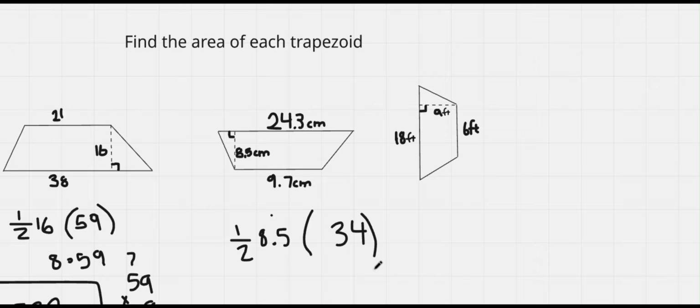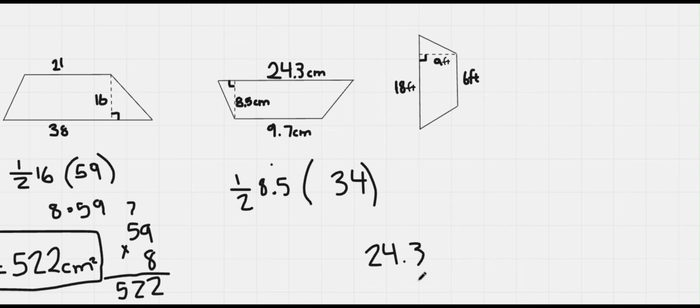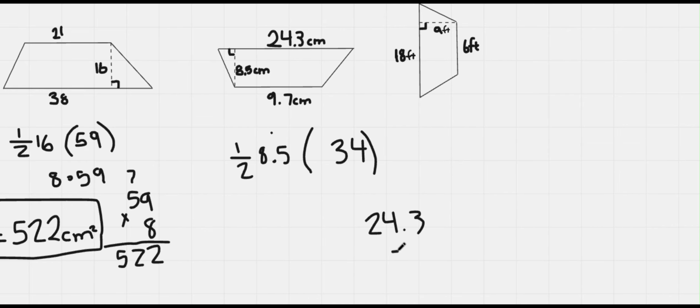We're doing it by hand. Some of us can do it in our head, but if you want to see how I got that, 24.3 plus 9.7. When we're adding decimals, we line them up. 3 plus 7 is 10.